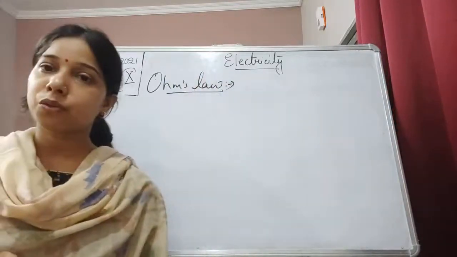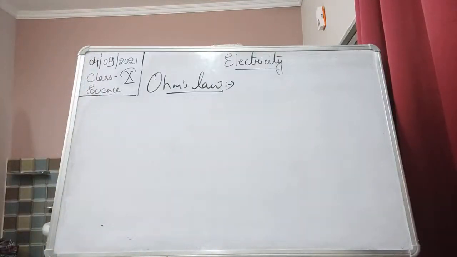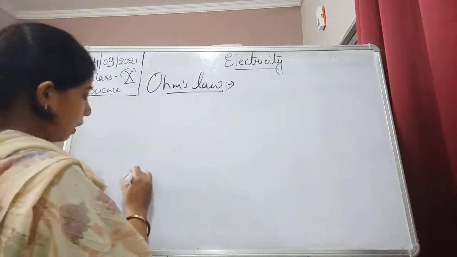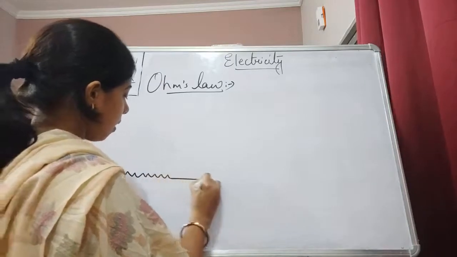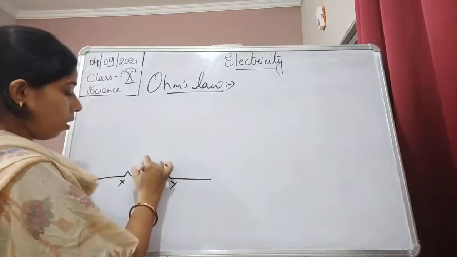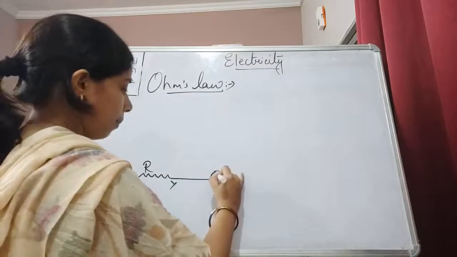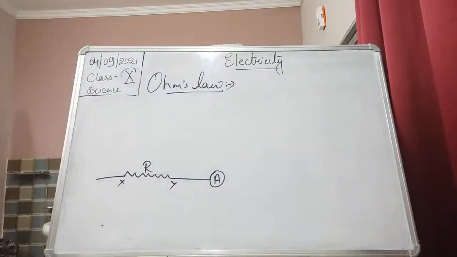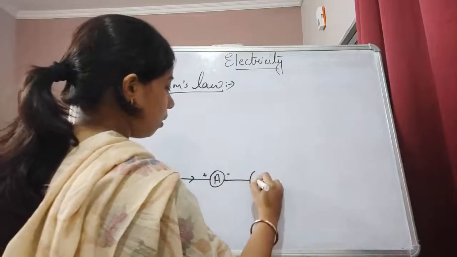For that, students, we are going to make a circuit. In that circuit we will take a nichrome wire, and that wire is X and Y. This is X and this is Y. There is an R. We will connect it with the ammeter and then negative charge, then a key.